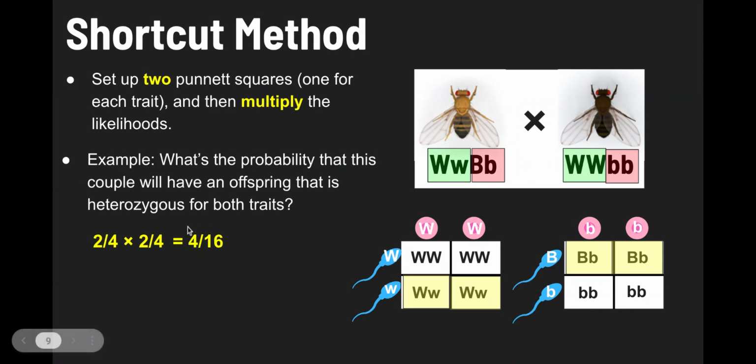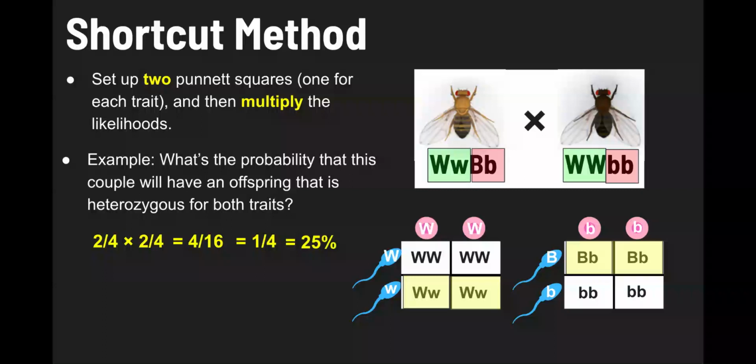So the likelihood is 4 out of 16, the same answer that we got a moment ago when we set up the larger Punnett square, the 4x4 Punnett square. And remember, 4/16 reduces to 1/4, which is equal to 25%. So there's a 25% chance that this couple will have an offspring that is heterozygous for both traits.